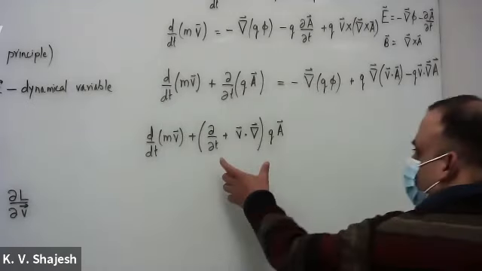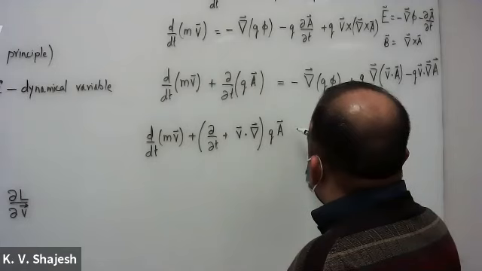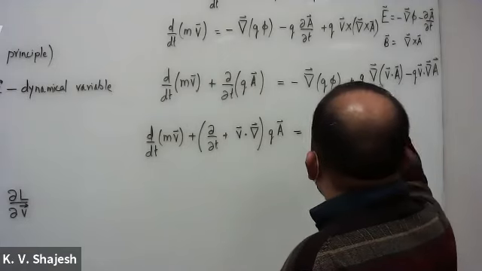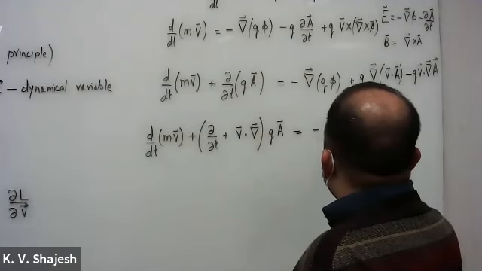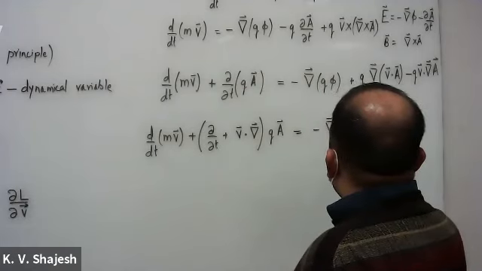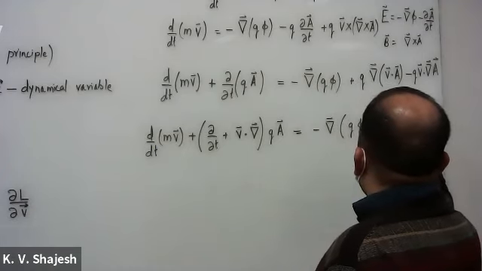Later we identified this to be a total derivative. That's where we were pretty much short of time last time. And this is the gradient now: negative gradient of q times phi minus q times v with A.